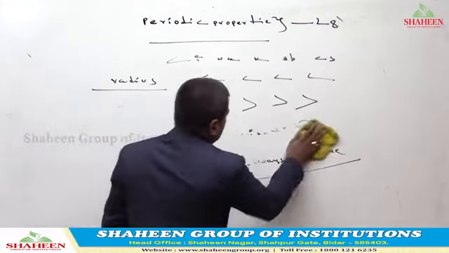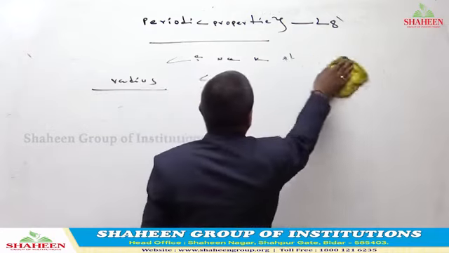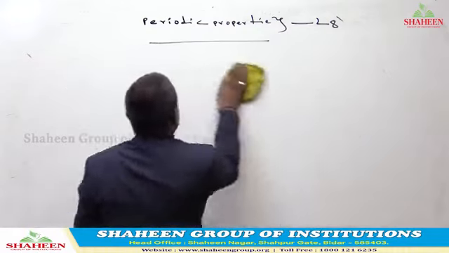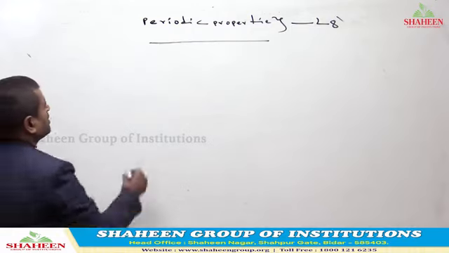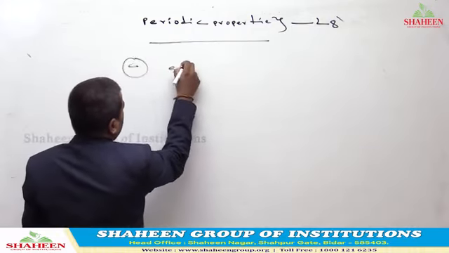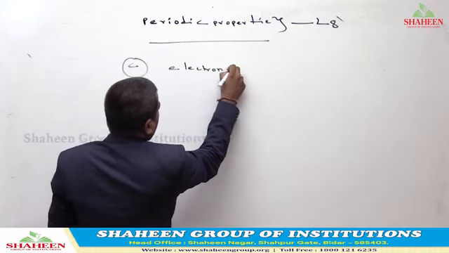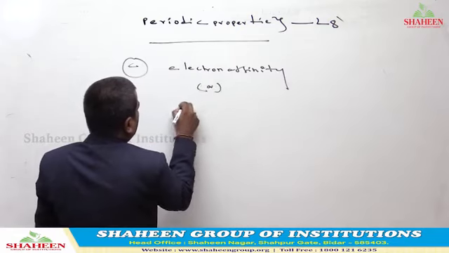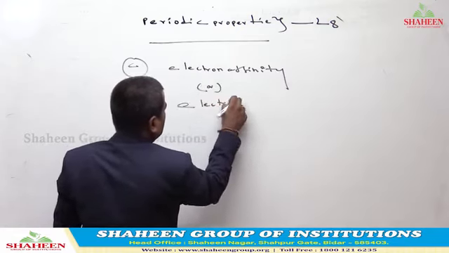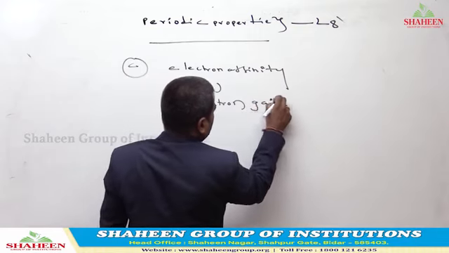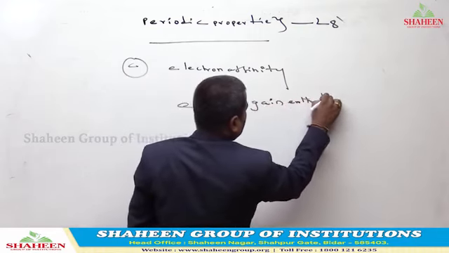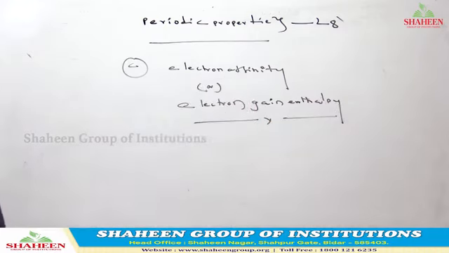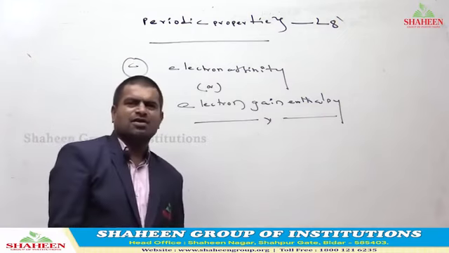Let us now discuss the third periodic property, called electron affinity, or electron gain enthalpy. Remember, what is electron affinity or electron gain enthalpy?